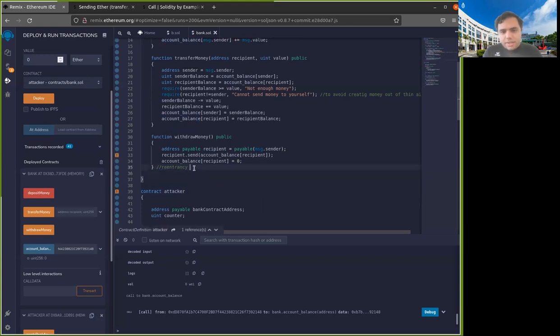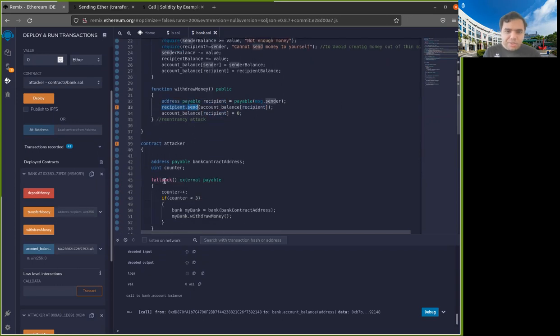And it's called this because basically I can use this send, and after I use the send, the fallback function in the other contract, in the attacker, can call my original function again, and it can re-enter my original function. And this is what causes the vulnerability.